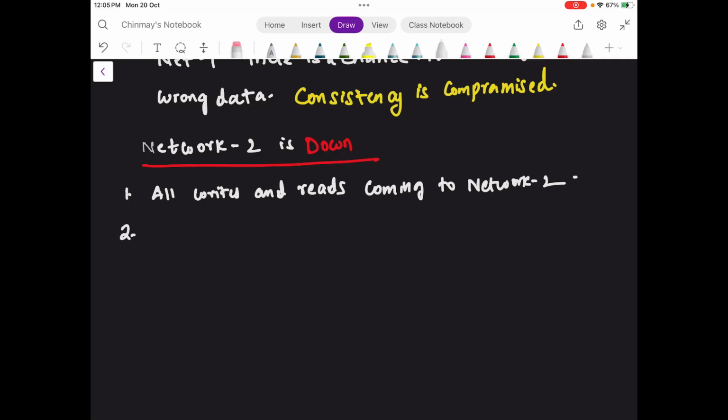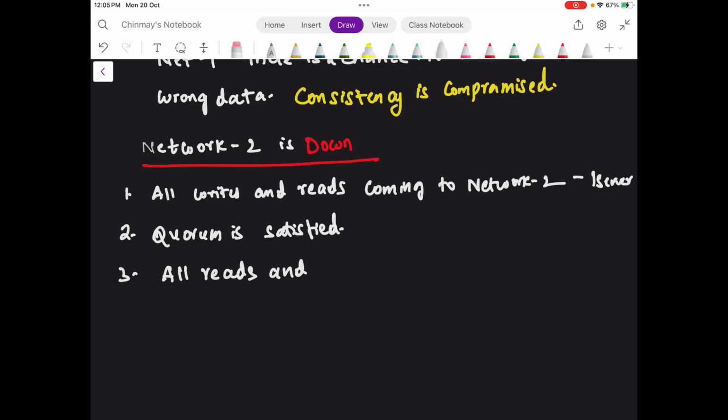That means there is a single server, quorum is satisfied, and all reads and writes are working.